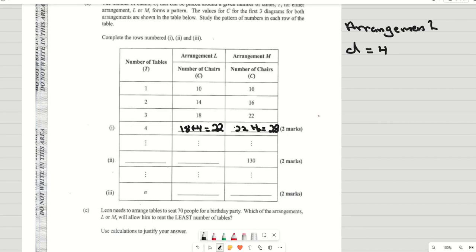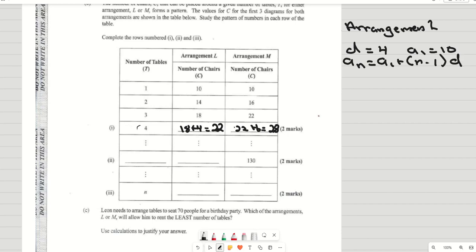We see that the first value is equal to 10. So you can put it in the formula of An is equal to A1 plus (n minus 1)d. We're going to put it in the formula.